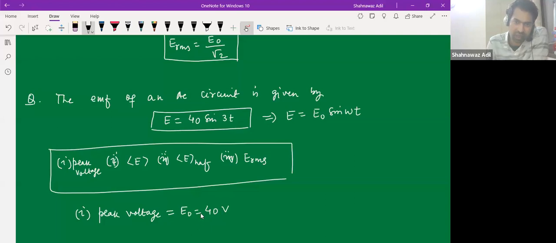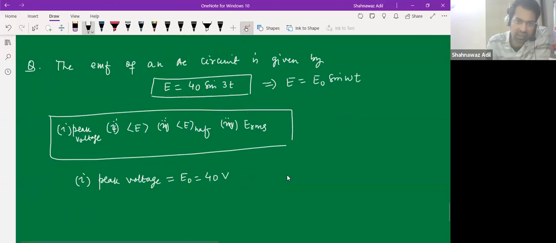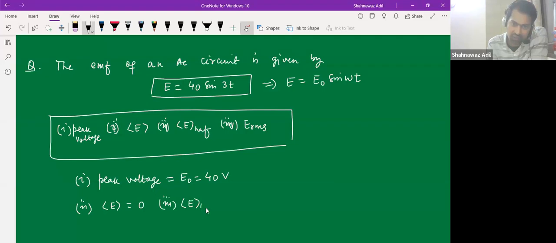So this is the peak voltage, 40 volts. And then the second question is what is the average EMF? That we already know. The third one is average EMF in half cycle. That is 2 E naught by pi. So this would be 2 into 40 divided by pi.